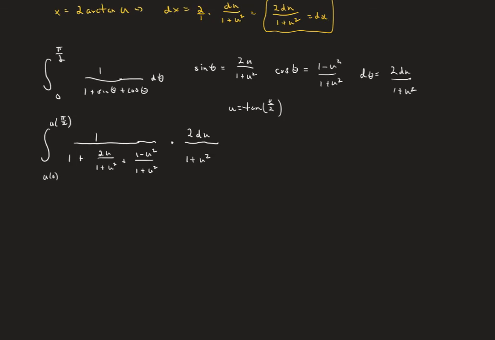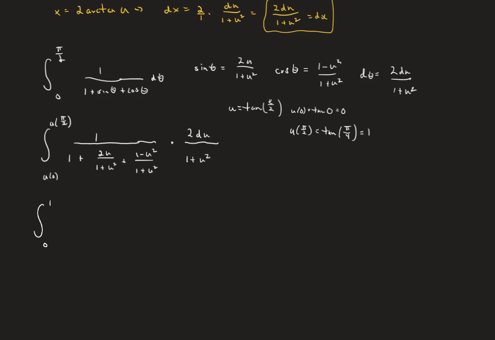If we put 0 into our u, u of 0 is going to be the tangent of 0, which is just 0. So that limit stays 0. U of pi over 2 is going to be the tangent of pi over 2 divided by 2, which is pi over 4. That's particularly nice because that's going to be 1.